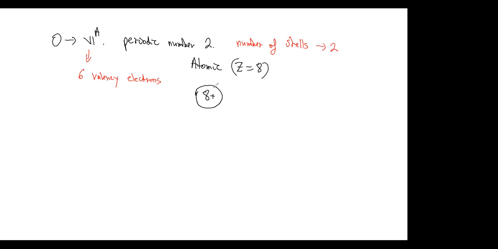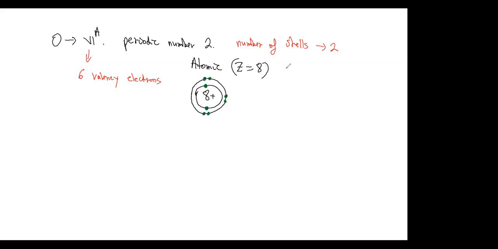So the first shell can have only 2 electrons, 1 and 2. This is the maximum number of electrons in the first shell. And then the other 6 electrons would stay at the second shell, as 3 pairs of electrons. So here we have the 6 electrons.